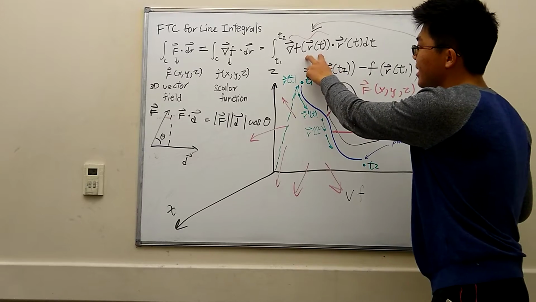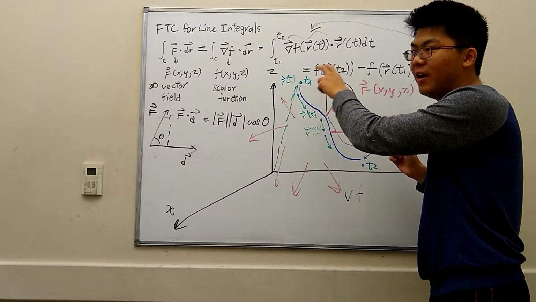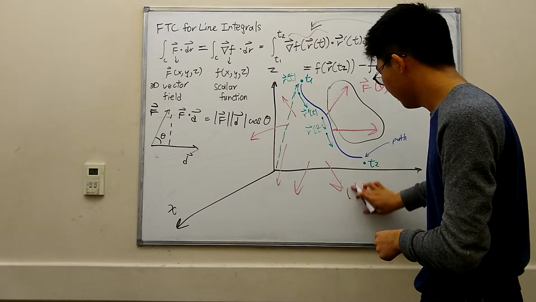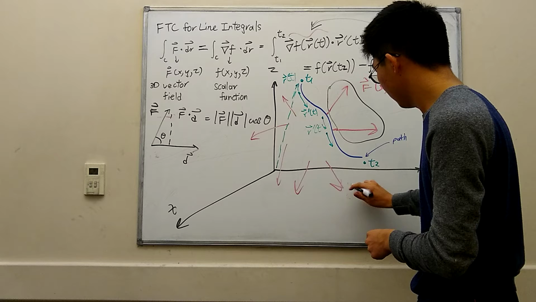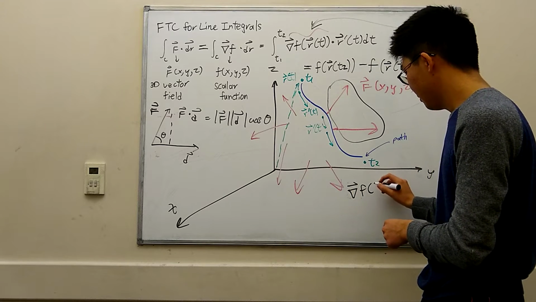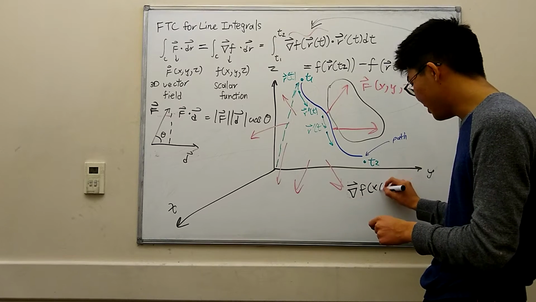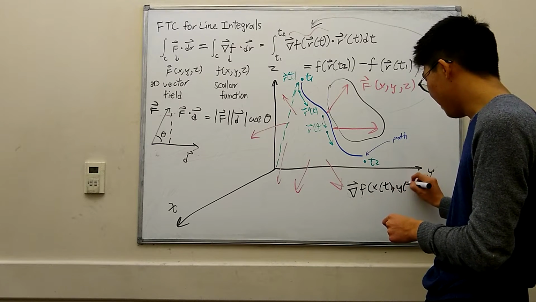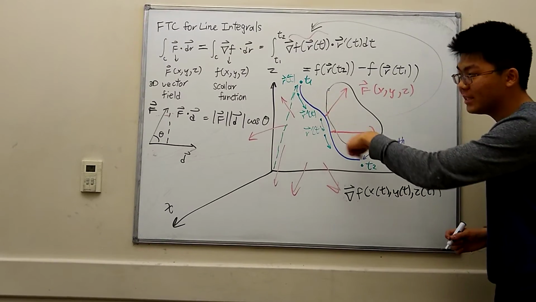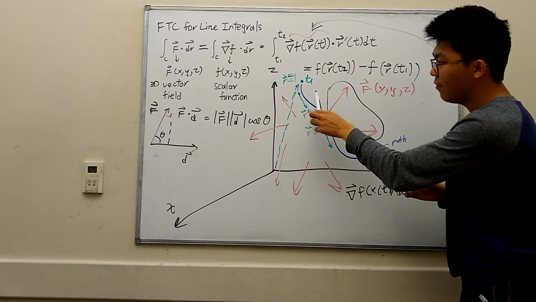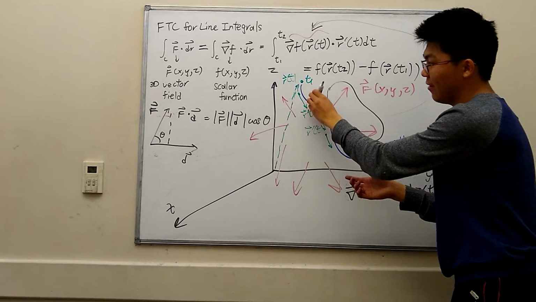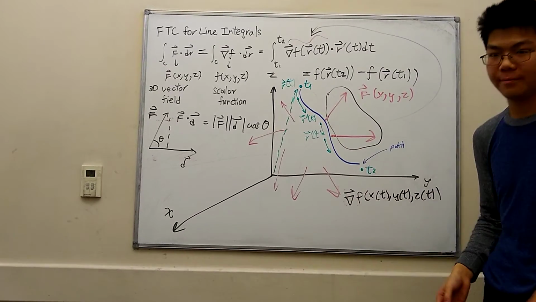And so, this is no longer a function of just x, y, and z. Instead, it's going to be a function of x of t, y of t, and z of t. Because we're parametrizing it along this curve, we're only focusing on the x, y, and z values in this three-dimensional space that fall onto this blue curve.